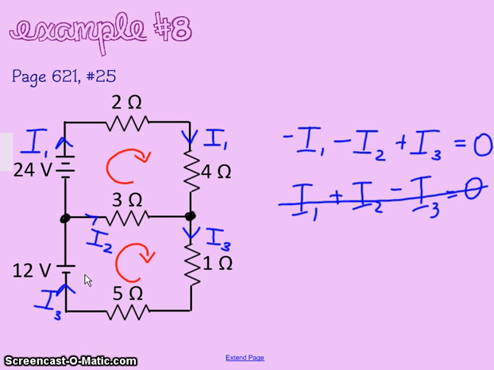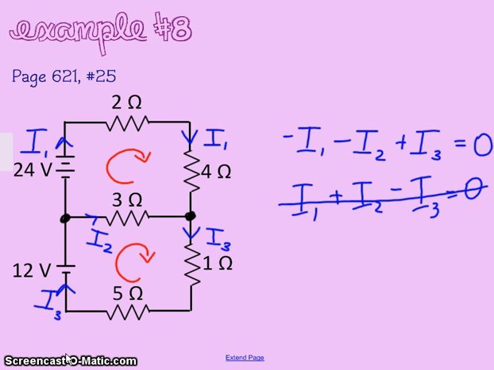With resistors, if you go through the loop the same direction that current is traveling through that loop, you have a negative voltage. Again, if you go through the resistor the same direction that current travels through that resistor, it is a negative voltage.